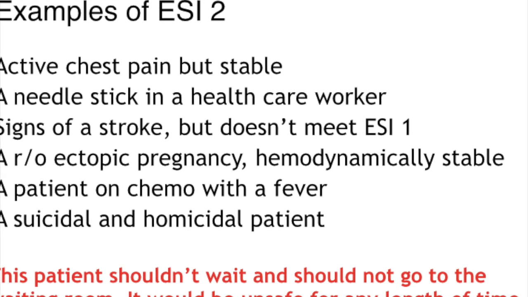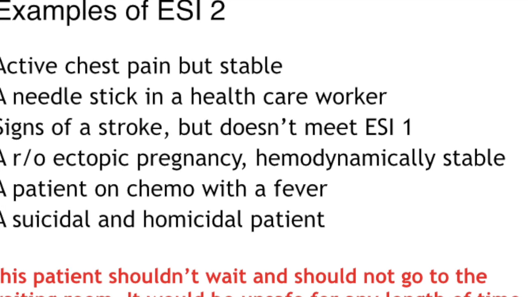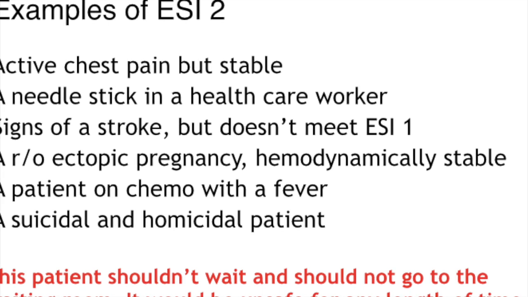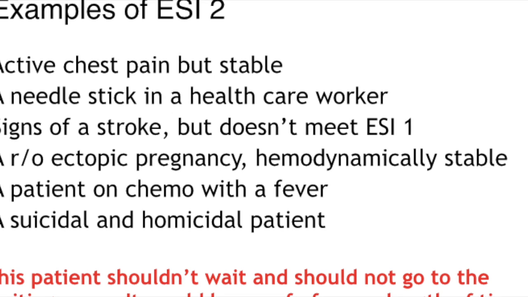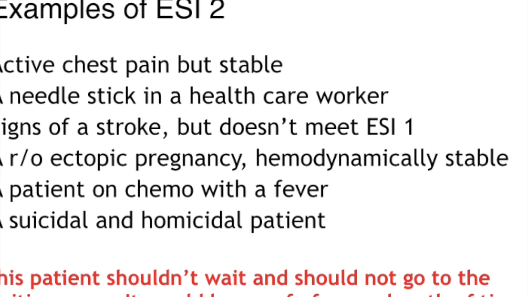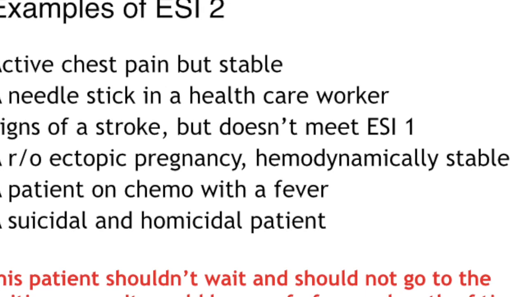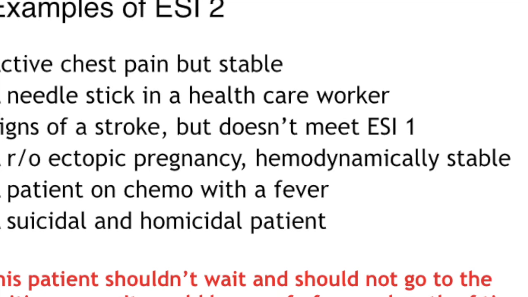So a patient that is exhibiting weakness or facial droop, they need to be seen by a provider and have that NIH stroke scale within 10 minutes of arrival. So ideally the provider needs to get in there and start their assessment, get that NIH stroke scale, and bring the patient to CAT scan for a head CT.